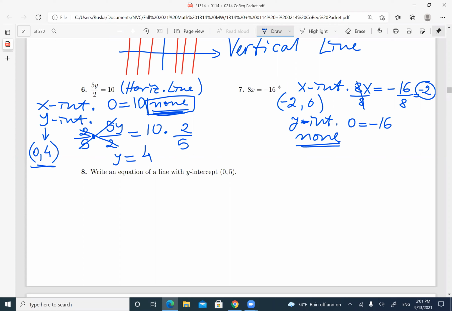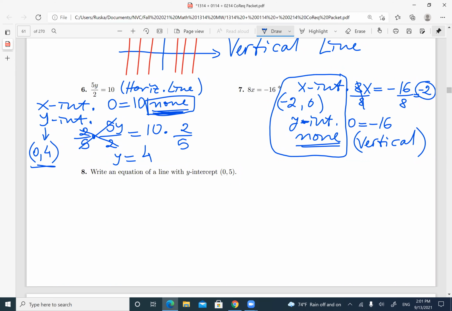It's a vertical line, right? Okay, it's a vertical line. So the x-intercept is (negative 2, 0). For the y-intercept, there is no y-intercept. It's a vertical line.